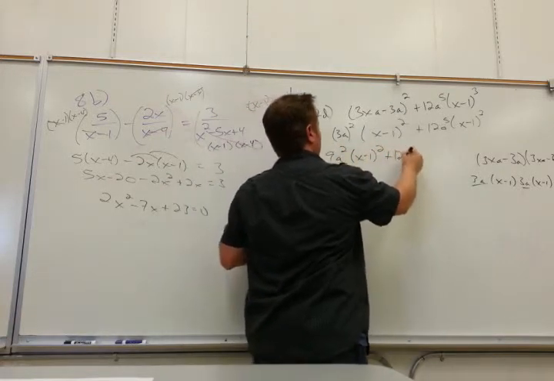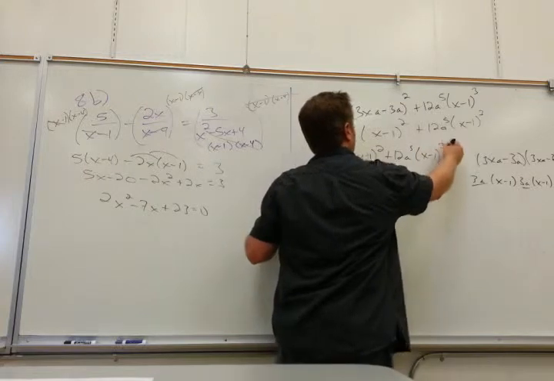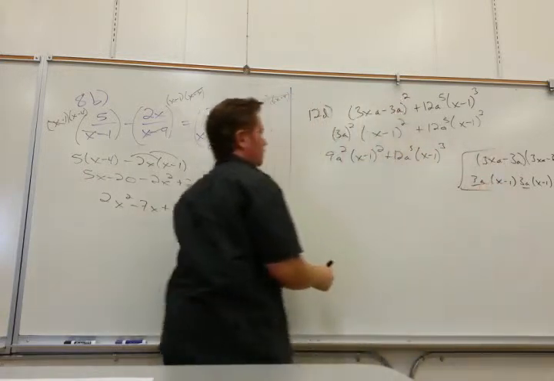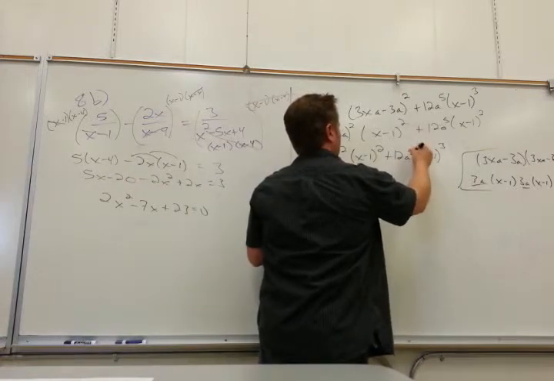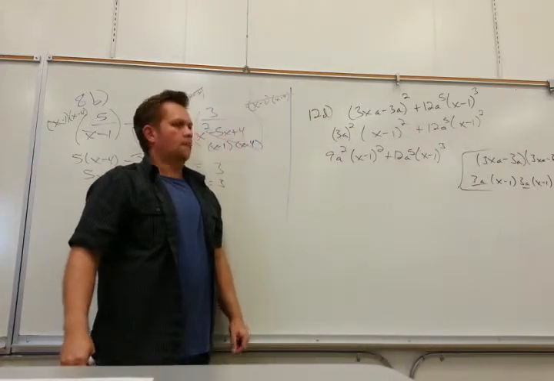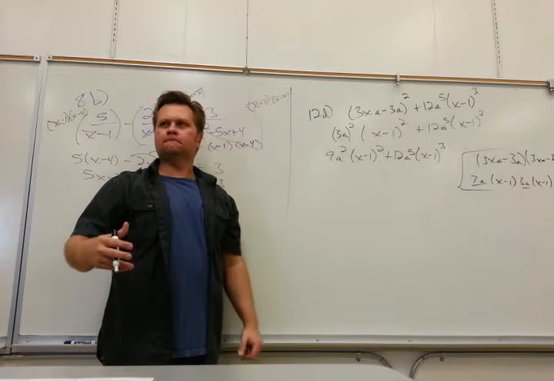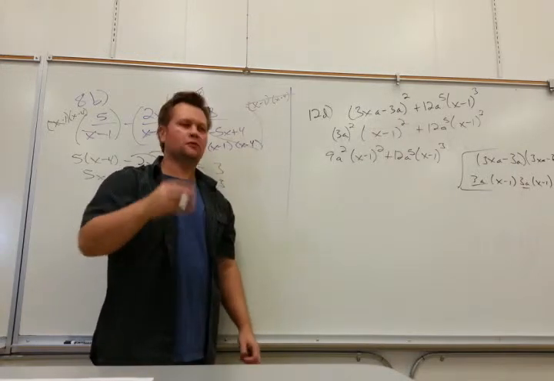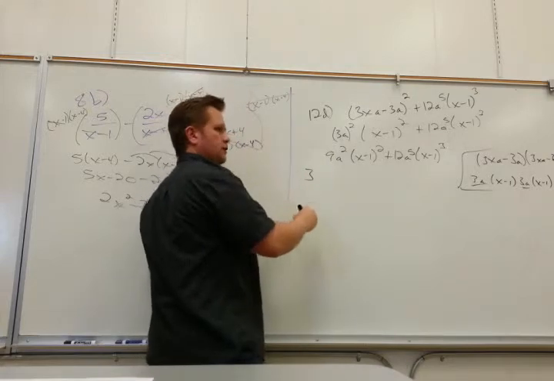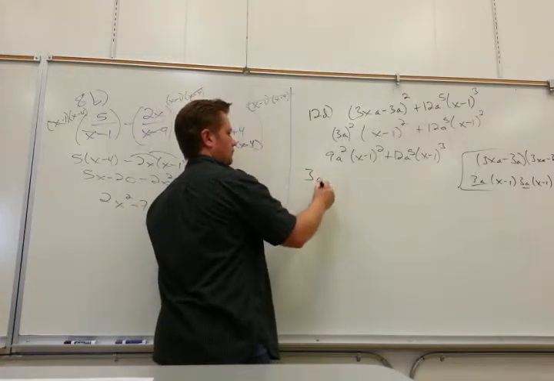Now, what comes out of all this mess? What number comes out? 3. How many a's come out? 2.